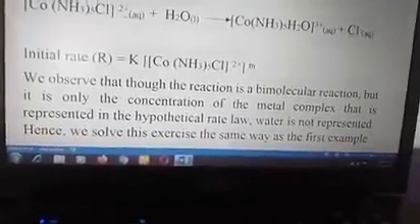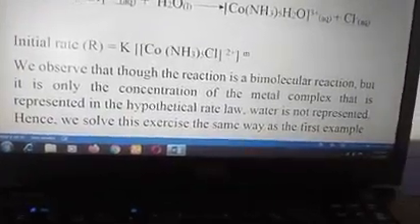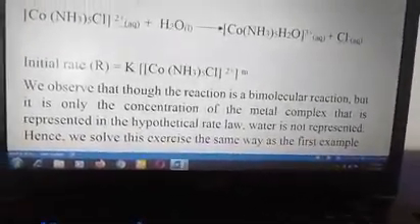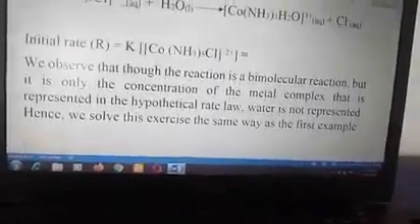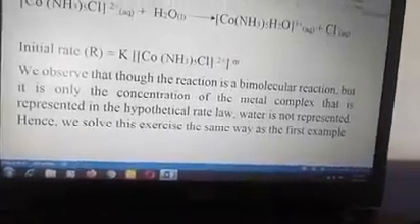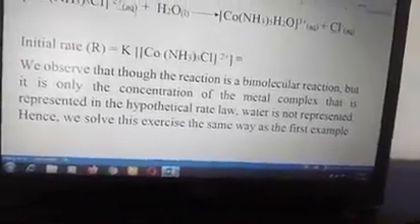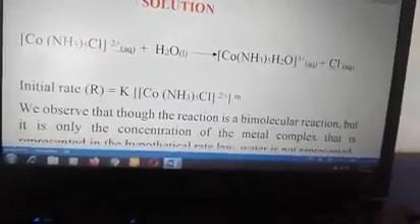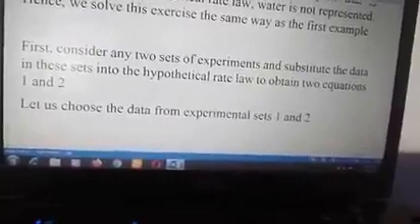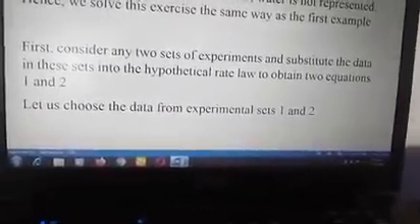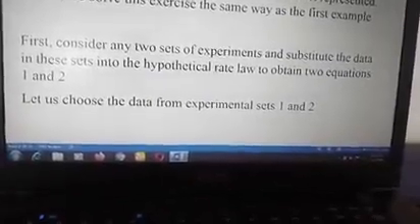We observe that though the reaction is bimolecular, it is only the concentration of the metal complex that is represented in the hypothetical rate law. Water is not represented. Hence, we solve this exercise the same way as the first example, the one that involves a unimolecular reaction. So we first consider any two sets of experiments and substitute the data in these sets into the hypothetical rate law to obtain two equations, 1 and 2.